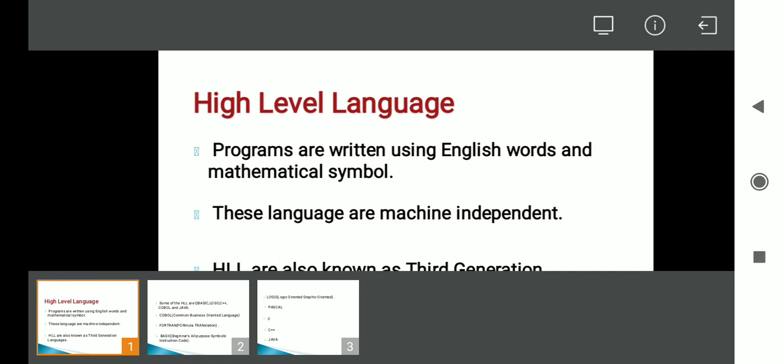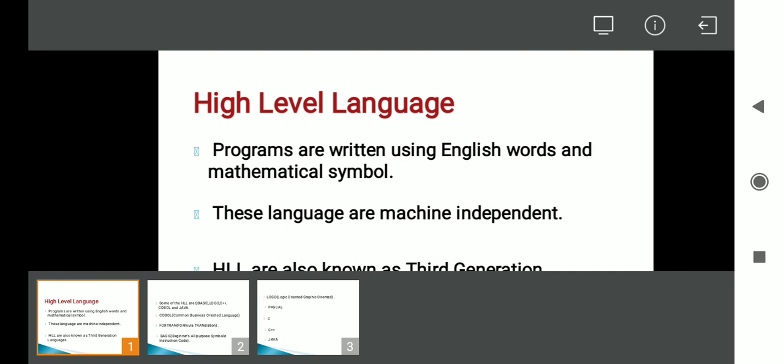Now you will learn about the high level language. High level programs are written using English words and mathematical symbols. Earlier, how were programs written? Using binary digits, using mnemonics or symbols. So high level uses English words or mathematical symbols.